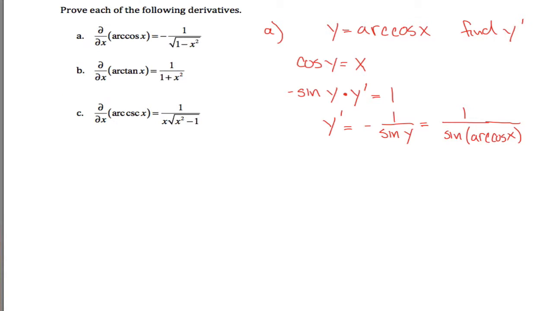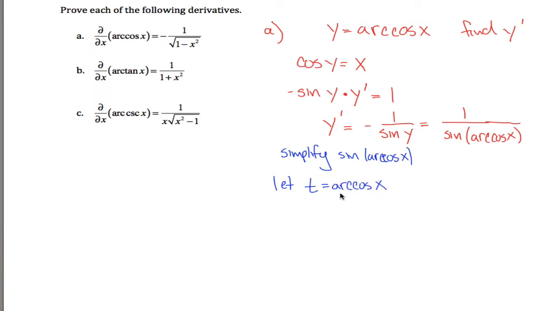Maybe I'll switch colors. We can simplify sine of arc cosine of x. The way you do that is you name arc cosine of x. Let t be equal to arc cosine of x.